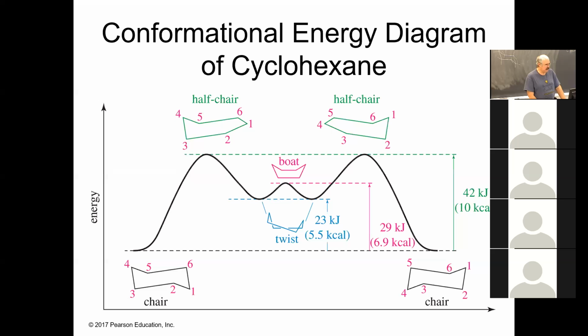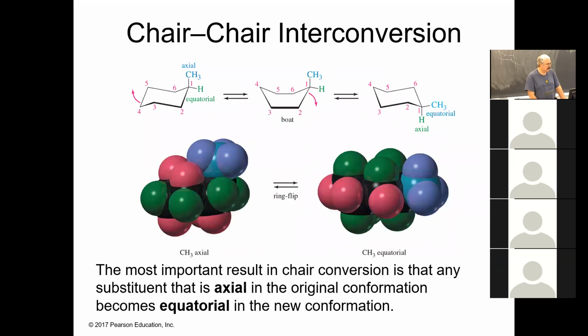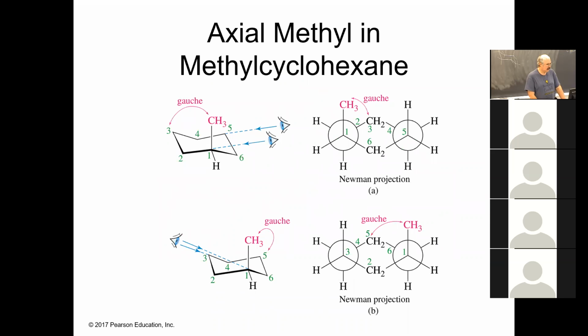The least stable conformation is what's called the twist boat. Okay, talked about this last time, and then I'm going to get into some other substituents.